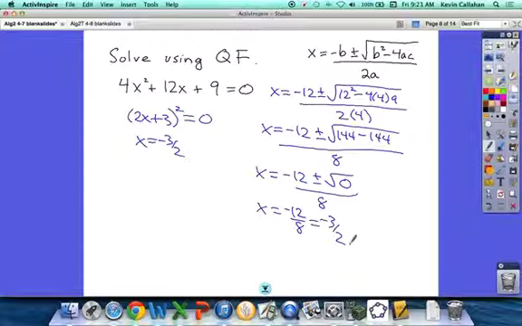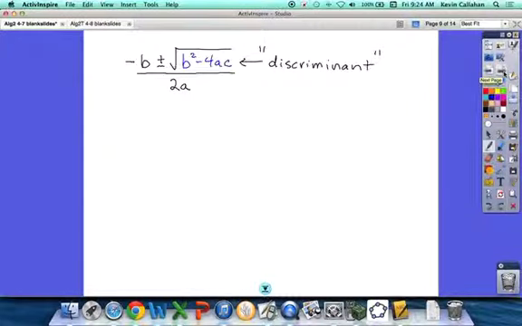That's what happens when you have a perfect square trinomial. What's underneath the radical is 0. So you get the same answer whether or not you add or subtract. You get the same answer from the quadratic formula. Okay. So what that tells us is what's inside the square root tells you how many solutions you should expect.